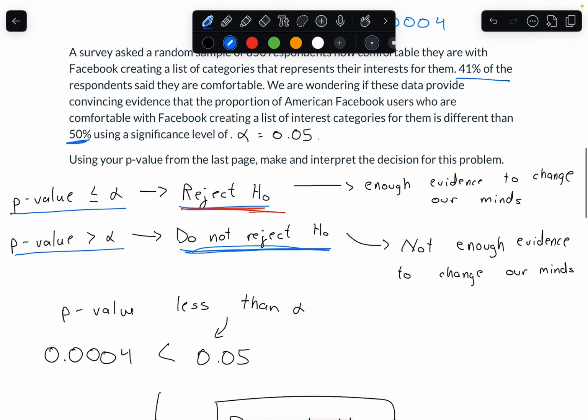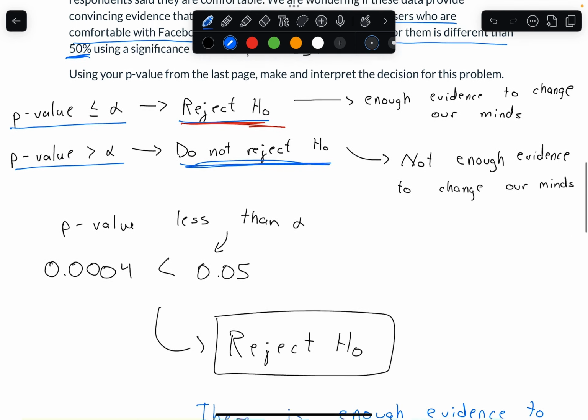So if I scroll back up here, we want to talk about if the proportion of American Facebook users who are comfortable with Facebook creating this list of categories for them is different than 50%. That's a mouthful, and I'm going to try and abbreviate that where I can.